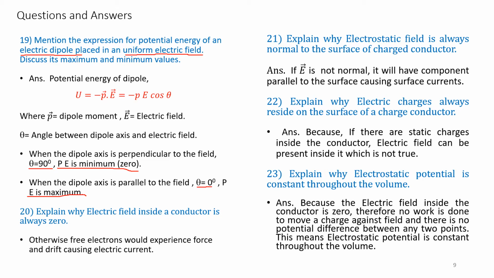Answer. Because the electric field inside the conductor is 0. Therefore, no work is to be done to move a charge against this field. There is no potential difference between any 2 points.